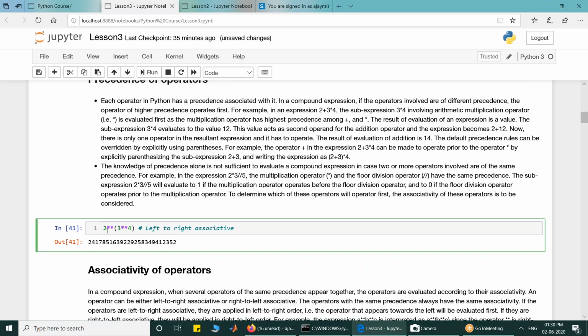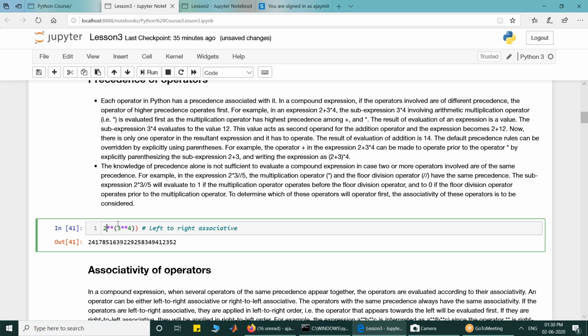So students, if you have confusion regarding the associativity, it is always better to be on the safer side and write it explicitly by parenthesizing the expression. If I want the exponent 3 raised to power 4 to be computed first, I will write it in this way.